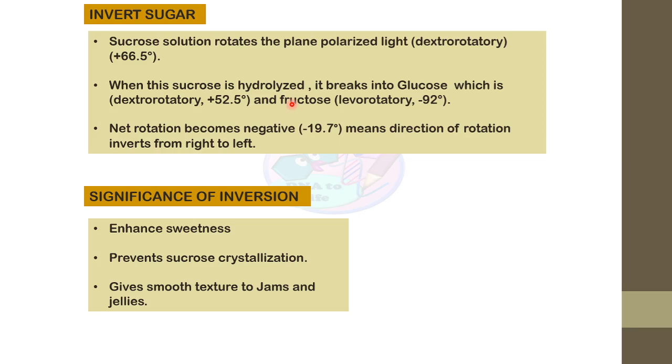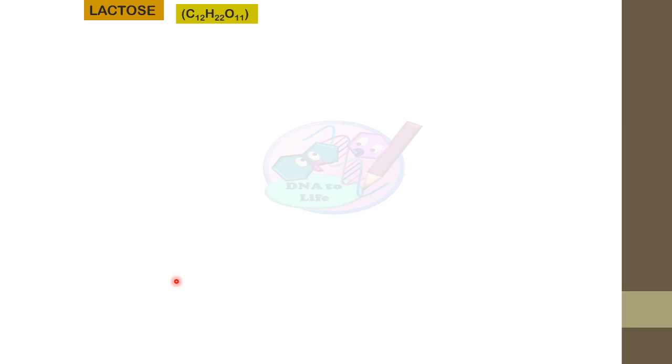It is the sweetest natural sugar, so it enhances the sweetness. It also prevents crystallization. We know table sugar is in crystal form, but inverse sugar prevents crystallization. Because it prevents crystallization, it gives a smooth texture to jams, jellies and candies.